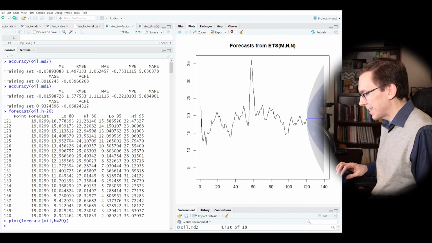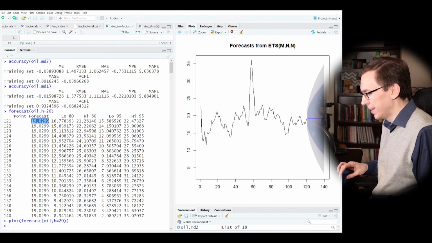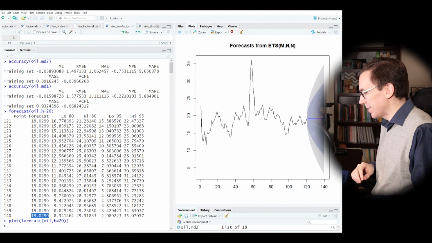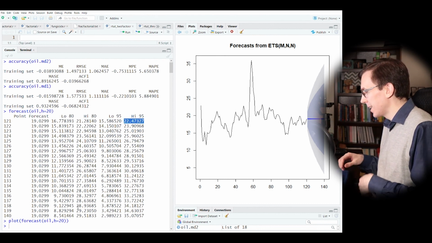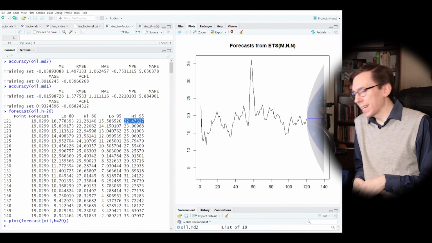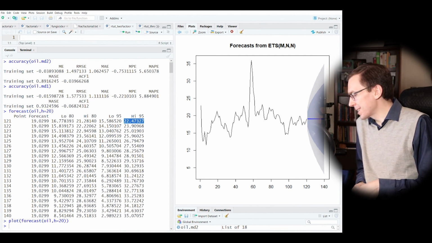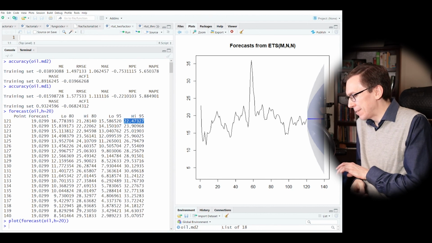If we just stare at the values, the forecast is basically 19.02 on to infinity. It didn't even really fluctuate at all. We have the low and the high at 80 and 95% confidence, which do start to expand quite a lot, though they probably weren't going to predict the giant spike that happened once we crossed into the 21st century.